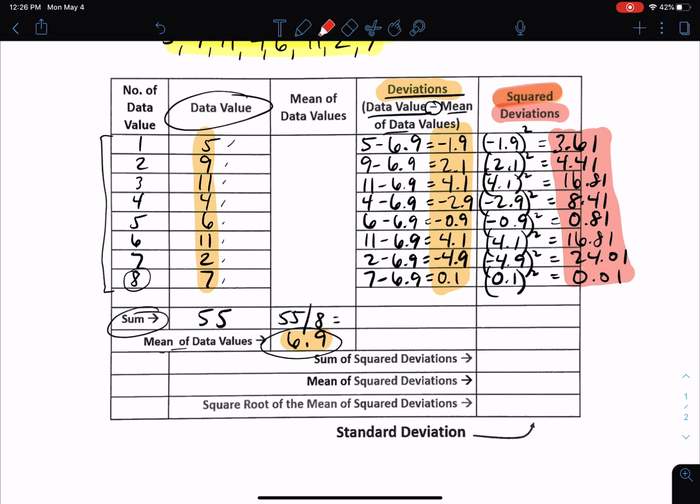Now the next thing we're going to do is the sum of squared deviations. Well, these are all the squared deviations here. If these are all the squared deviations, sum just means I'm going to add them all up. Okay, so you're going to add up all of those numbers. They're all positive now because you squared them. Okay, so that's what you're going to do next.